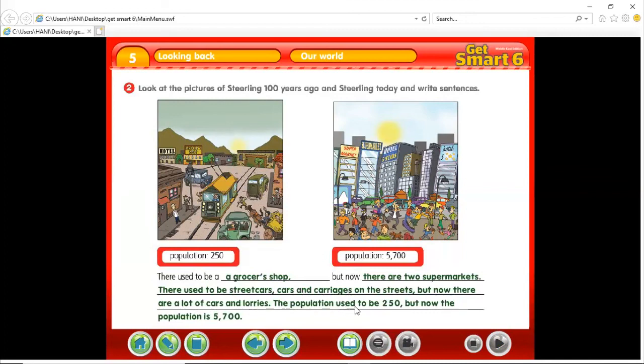The population used to be 250, but now the population is 5,700. So it's a comparison between this picture and that one, in the past and at present, using this verb again, used to be.